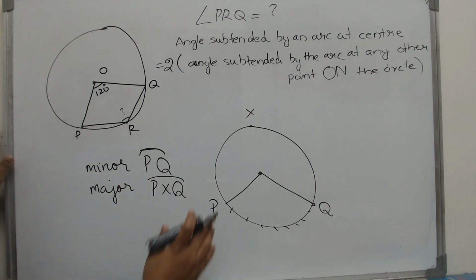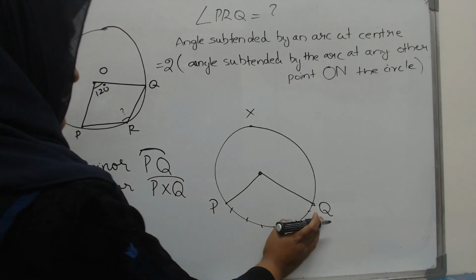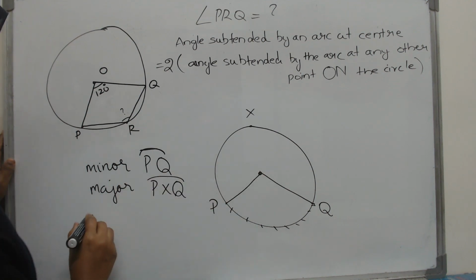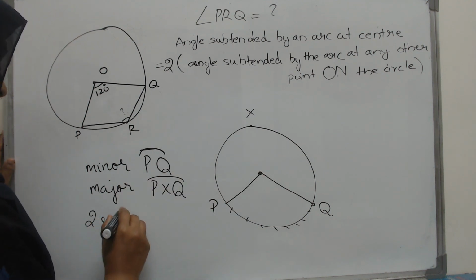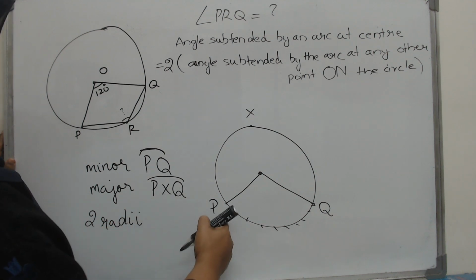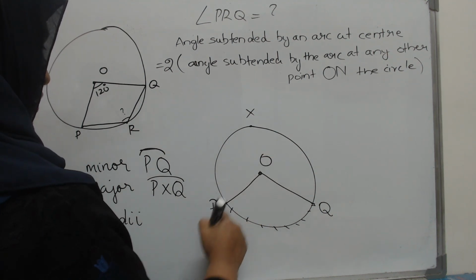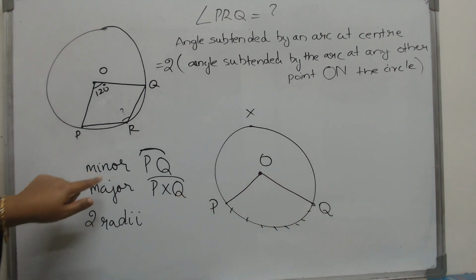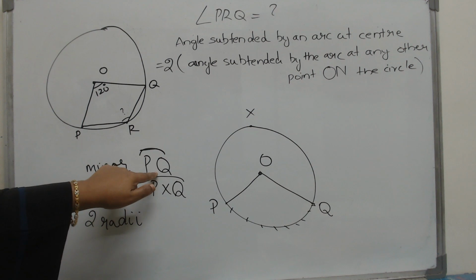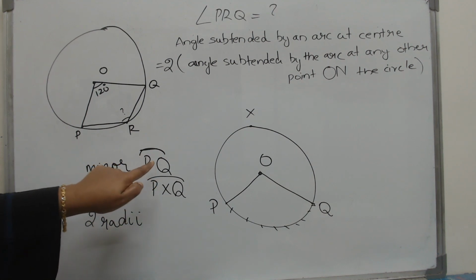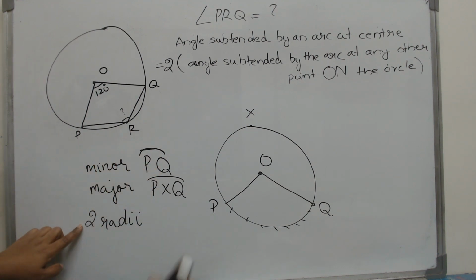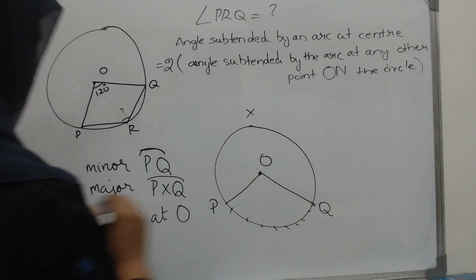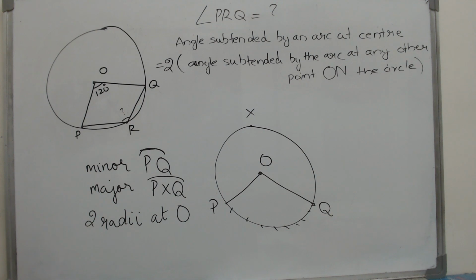What is the central angle subtended by any arc? That is the angle formed by the 2 connected radii. Here OP is a radius, OQ is a radius. So the central angle subtended by any arc is the angle made by the 2 connected radii at the center.